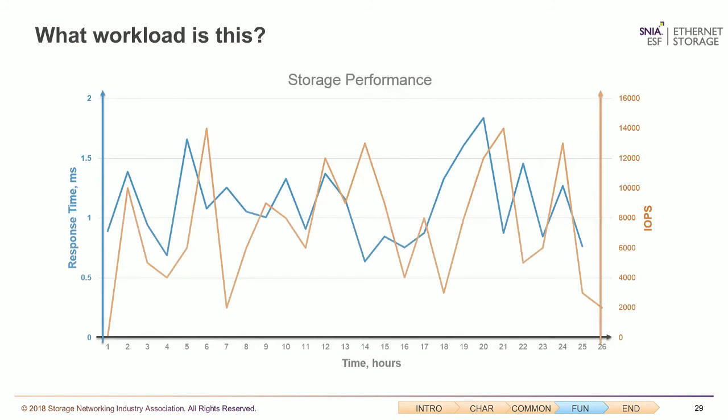Let's see. All right, well, here I did that. Now we have response time and IOPS going against time. Is that better? No, not really. I mean, from a graph perspective, it's laid out nicer because the IOPS over on the right side of the y-axis is now in a decrementing order, and I can make more sense of it.